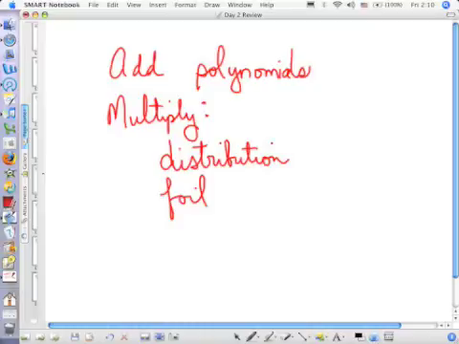You need to know how to multiply polynomials through distribution and FOIL. And you need to recognize what is going to be done, because the instructions are not going to say add these together, use FOIL, distribute. The instructions are simply going to say simplify. So you need to know what to do.